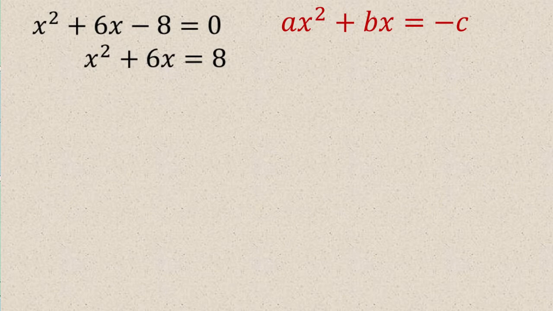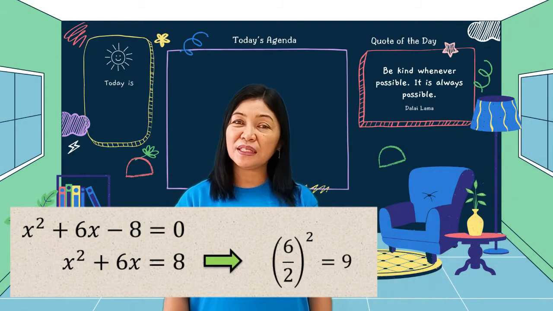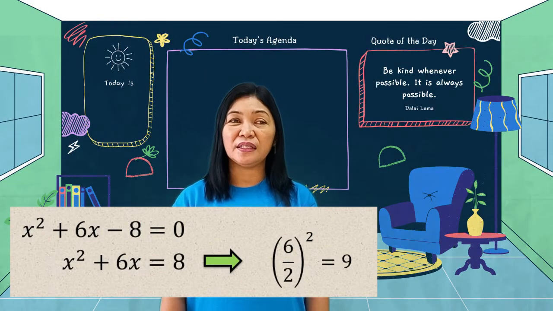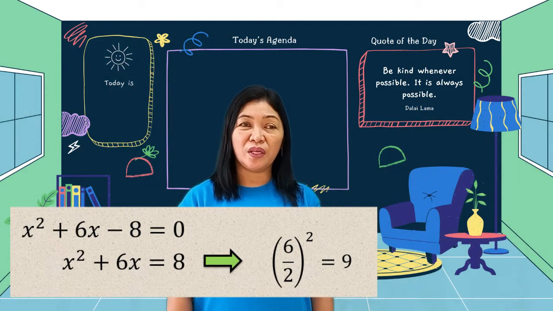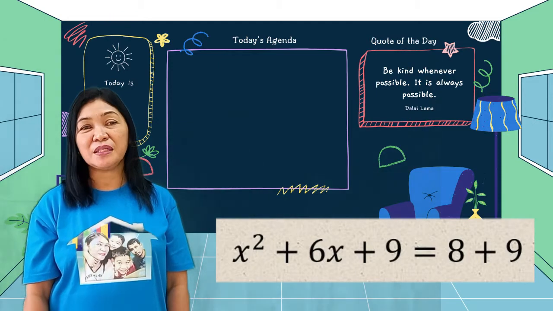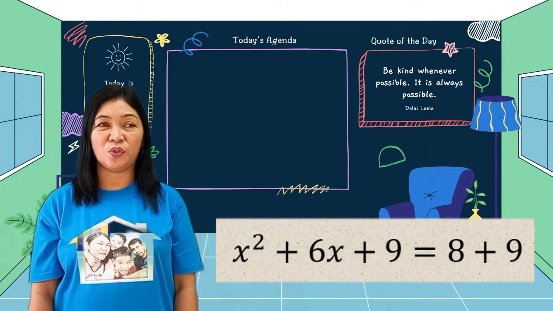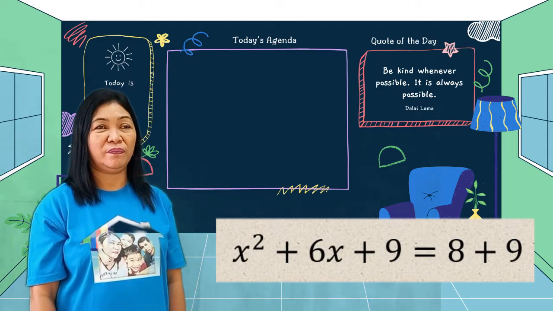Then, we complete the square on the left side by adding the square of 6 halves. That is equal to the square of 3, which yields 9. 9 must also be added to the other side of this equation to maintain equality.